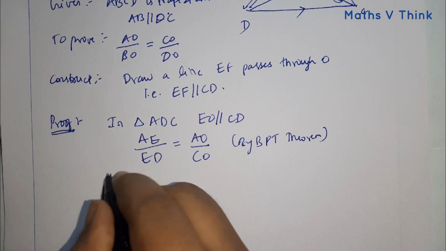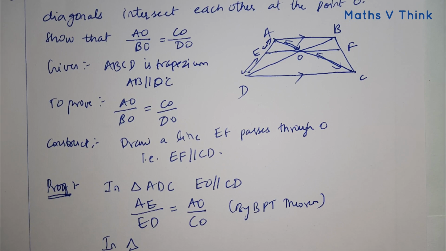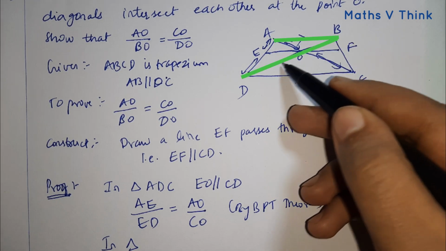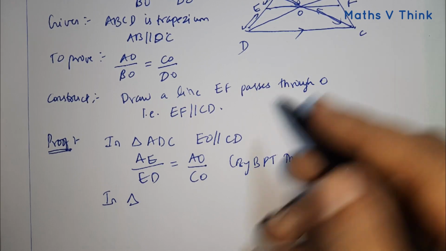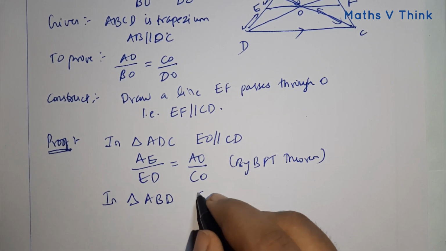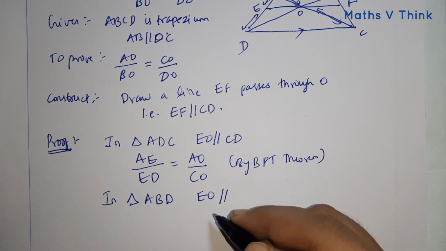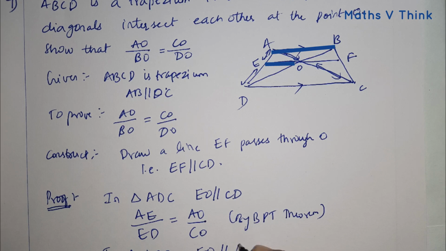Same way, now in triangle ABD, this triangle ABD, so EO is parallel to AB.